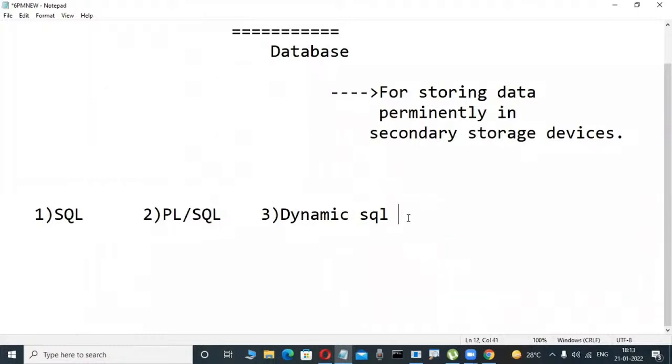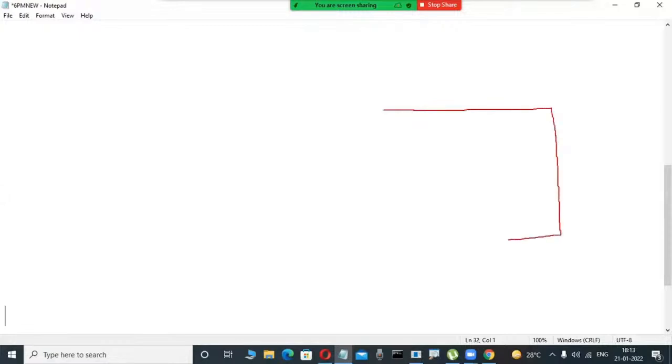For example, if you are a first-time newcomer, how will you understand? Concentrate here. Why PL/SQL is required, I'm just giving some applications for the idea. Observe slowly. Daily so many people go to banks for depositing or withdrawing money.